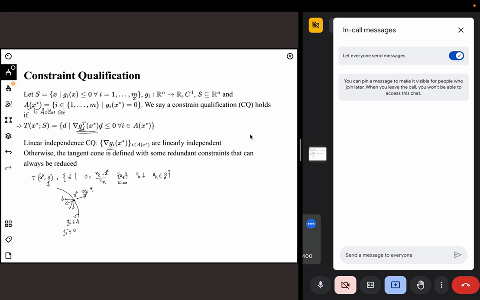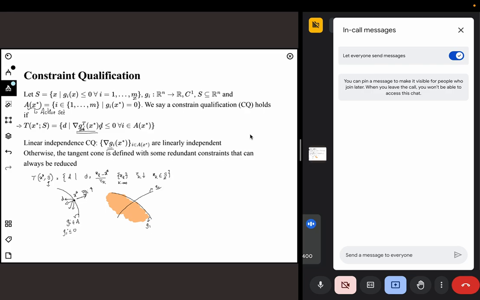So for example, if you have two constraints, say this is one constraint boundary, G1, I can have another constraint boundary, something like this. When I say G1 less than or equal to 0, it is all this region. And similarly, I can have another constraint, that is G2.